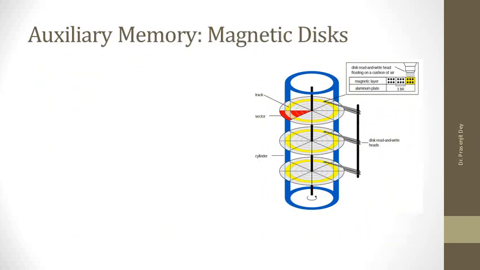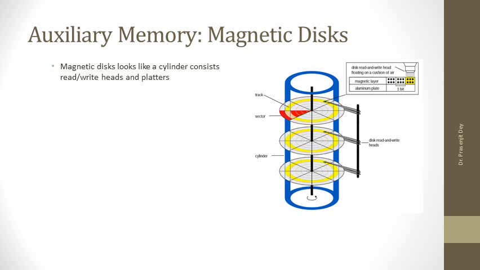So this is the picture of a magnetic disk. Here you can see the magnetic disk looks like a cylinder. It consists of a set of platters and the read write heads. As you can see in this picture, the platters are stacked upon each other and form a magnetic disk.